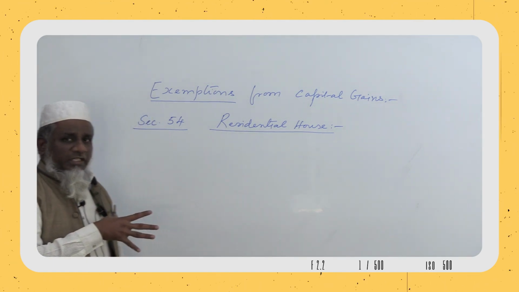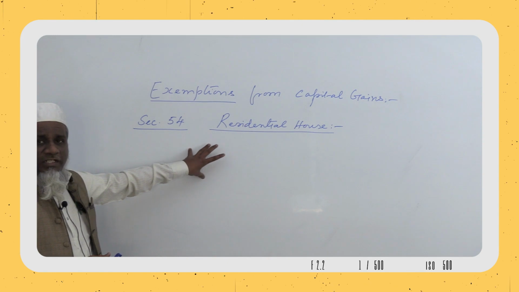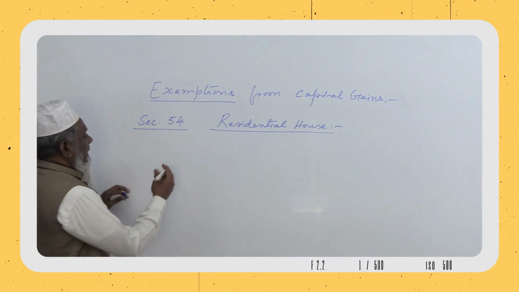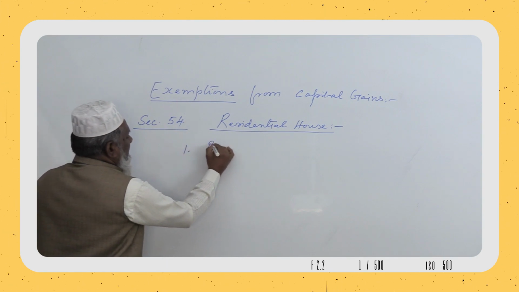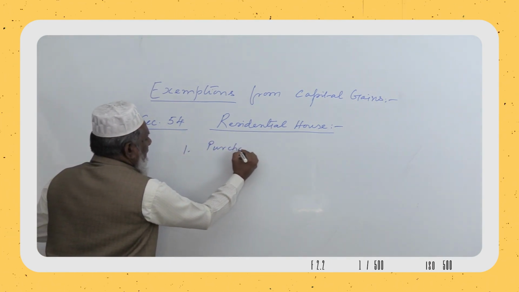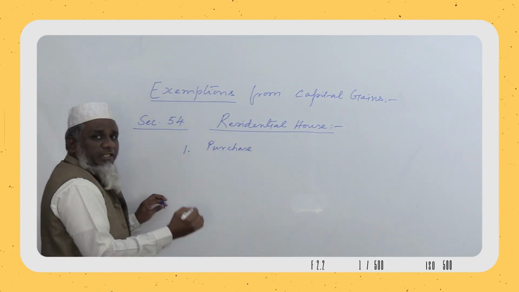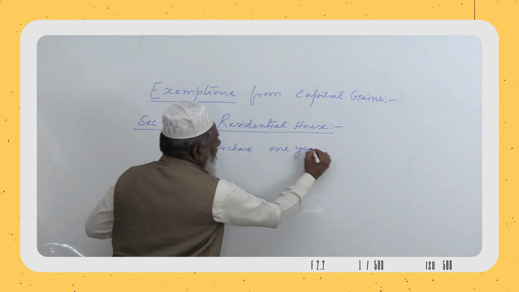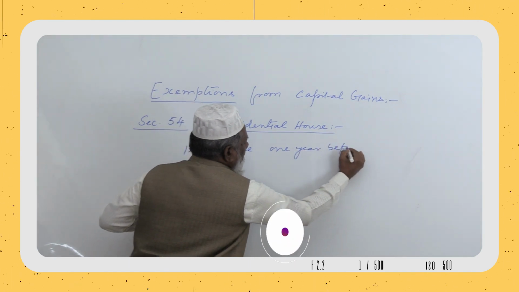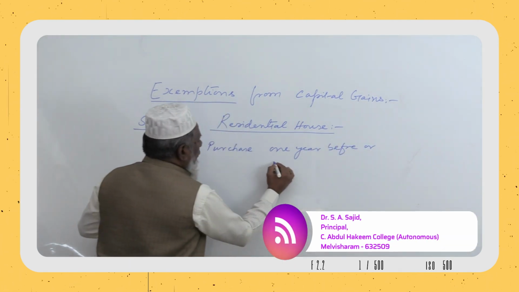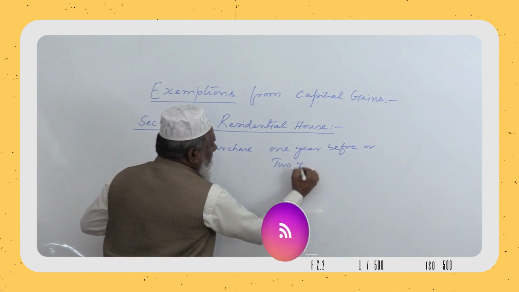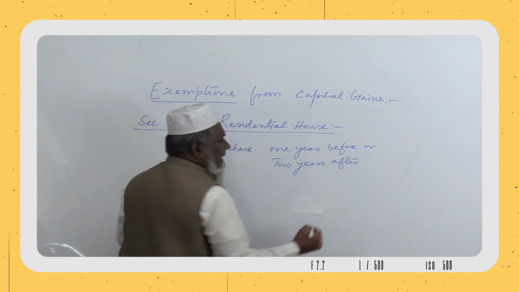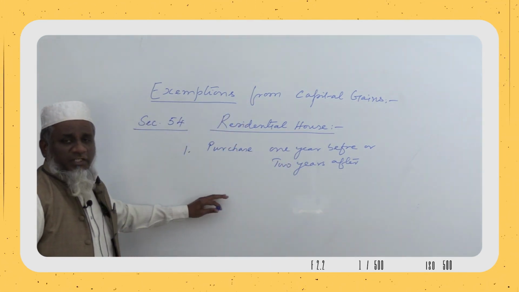Let us understand the provisions available under this section. First, when the assessee purchases another residential house, 1 year before or 2 years after, he can claim exemption under this section.